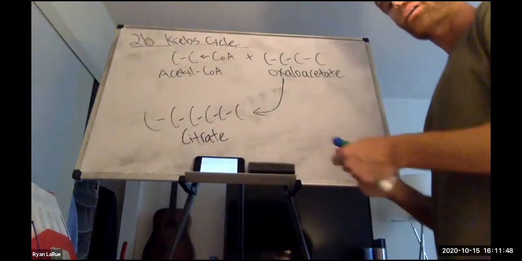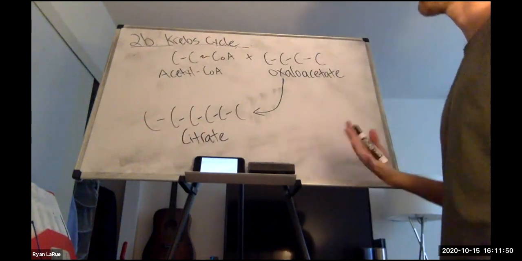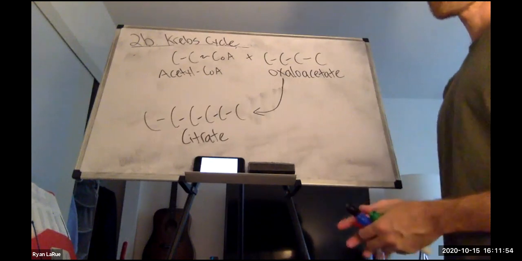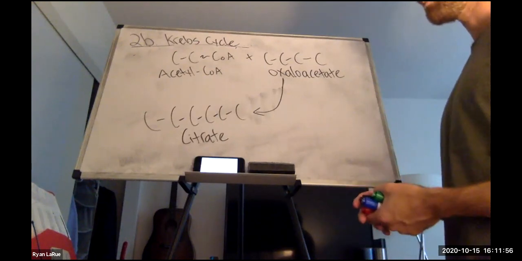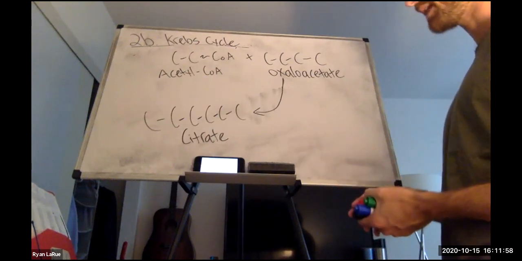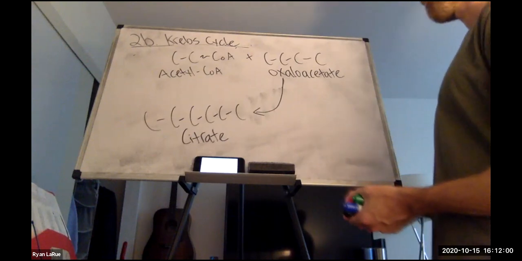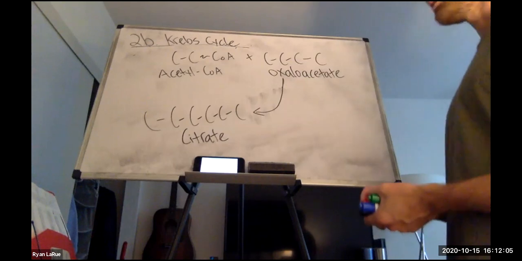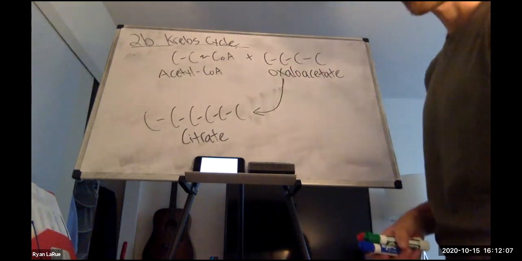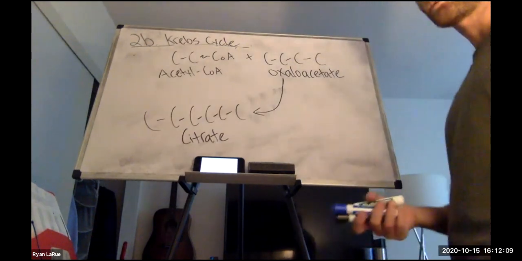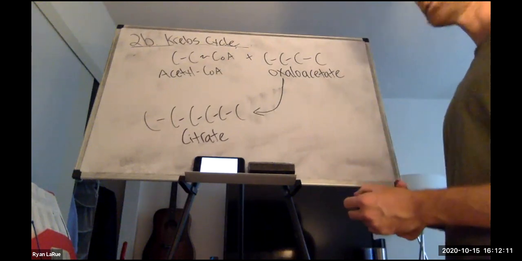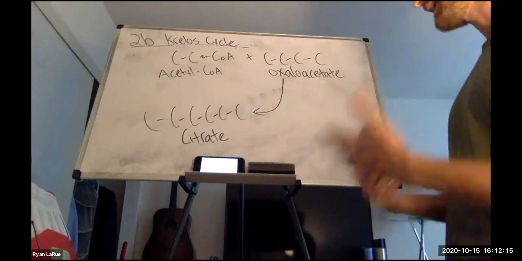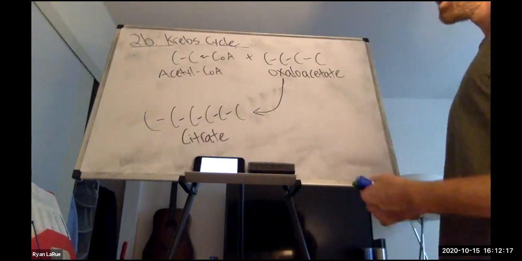Hence why sometimes the cycle is called the citric acid cycle. Citrate, citric acid, they're actually pretty much the same molecule. Don't have to worry about that though. Okay. Now, the Krebs cycle is kind of like glycolysis in the sense of there's a lot of steps, but we're going to simplify it. I believe there's 8 steps, 7 or 8.